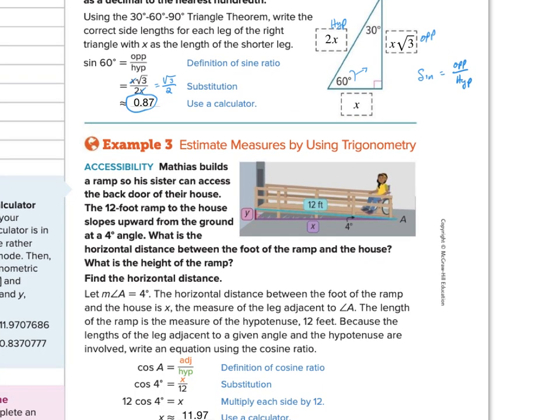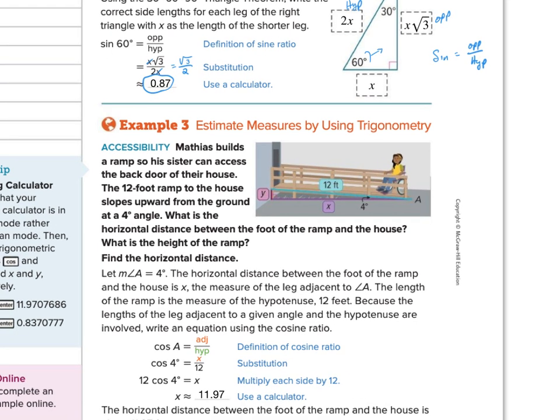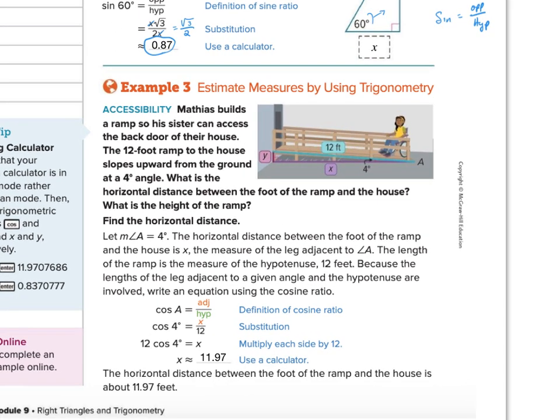Now looking at this, to estimate using trigonometry, in this example, Matthias builds a ramp so his sister can access the back door of their house. So it looks like we're building a ramp. We have an angle measurement of 4, this horizontal length of x, a height of y, and it must be telling us that our ramp looks to be about 12 feet.